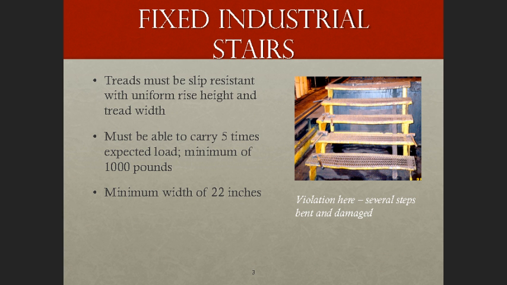In this particular example, you see a set of stairs that are bent and damaged, and each training module will have many photographs of different hazards and OSHA violations that are common with respect to the topic at hand.